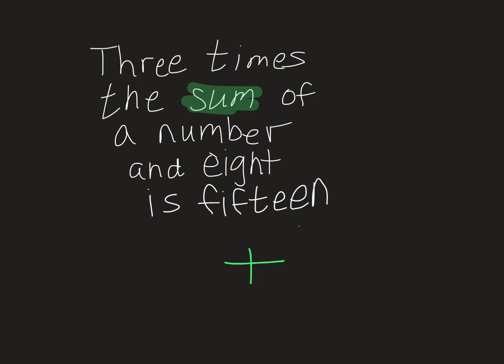The sum of a number and 8. A number. I don't know what that number is, so what am I going to use in its place? A variable. What variable do you want? Okay, X. What'd you say? A. Okay, so we're going to use A.